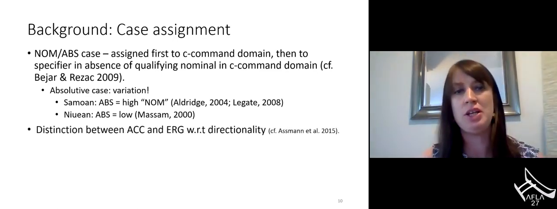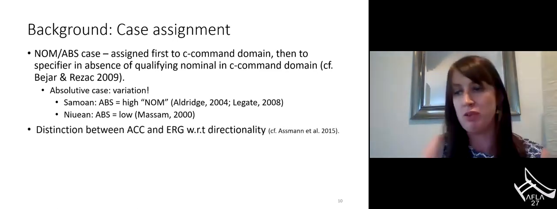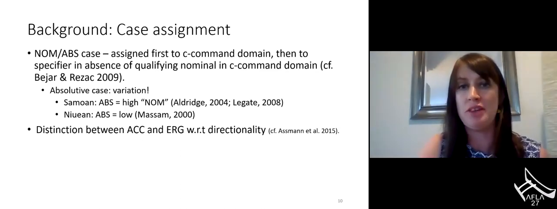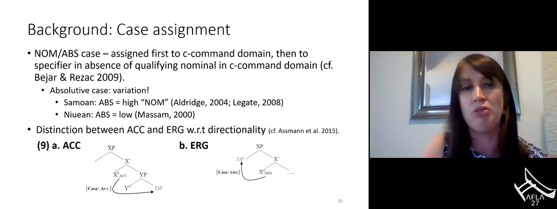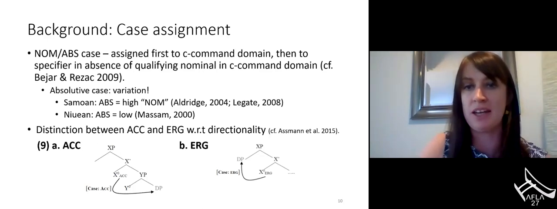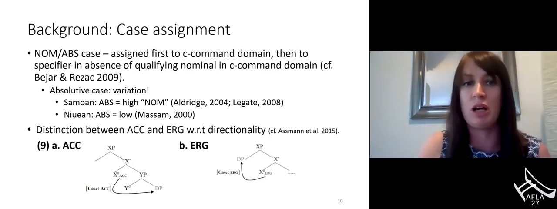The distinction between ergative and accusative is one we're going to couch within a theory of directionality. So this is shown in 9, and just for the trees here, we're remaining neutral as to the identity of the relevant heads, calling them X and Y, because we'll come to that later on.